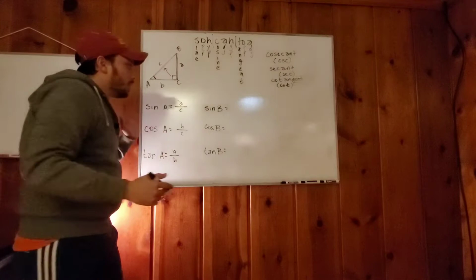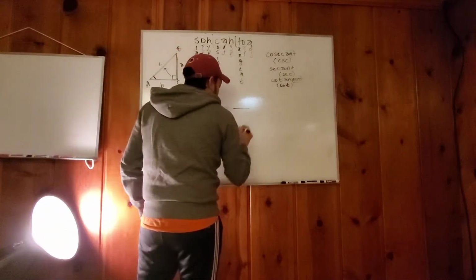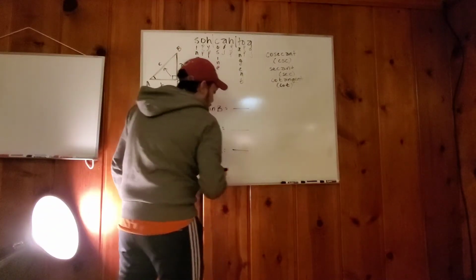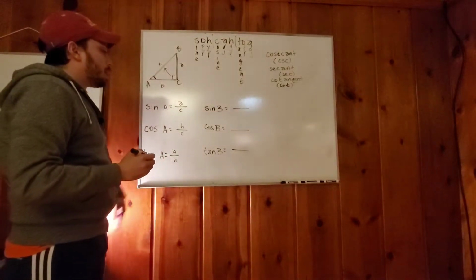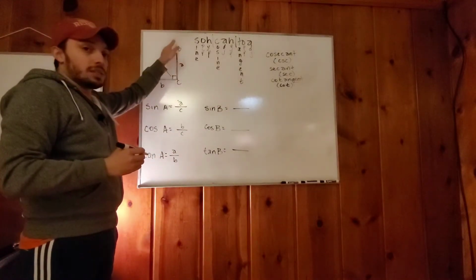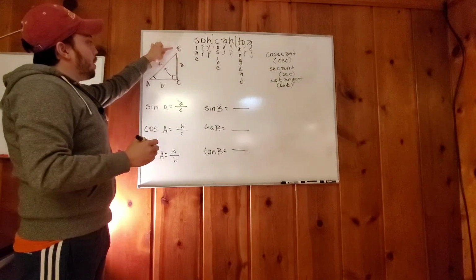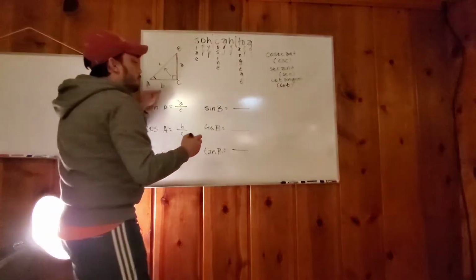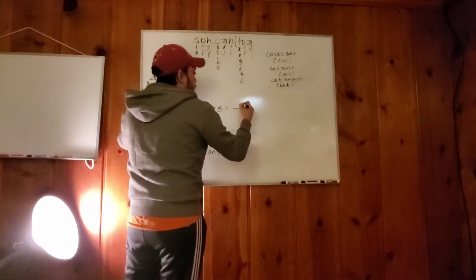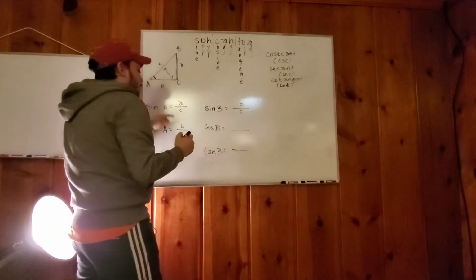What about this part? Well, that's pretty simple because what we're going to do is do it in reference to the angle that's up top here. So B, what is the opposite of B? The opposite of angle B is side B, and the hypotenuse still stays the same. What about cosine?